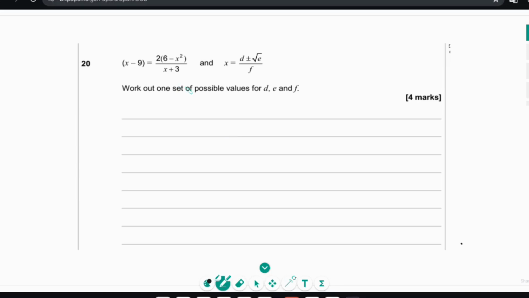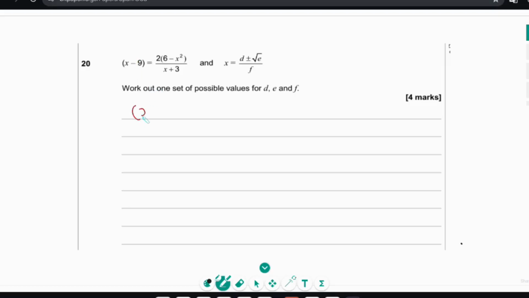x minus 9 is equal to 2 brackets 6 minus x squared all over x plus 3, and x equals d plus or minus root e over f. Work out one set of possible values for d, e and f. So I'm just going to play around with this first to simplify it.